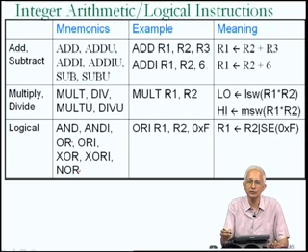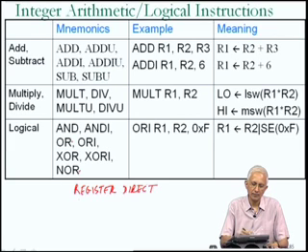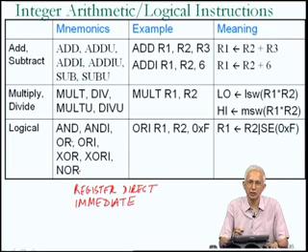The two addressing modes which are used by the MIPS1 instruction set for arithmetic and logical instructions are register direct and immediate. In the register direct addressing mode, the operand comes out of a general purpose register. In the immediate addressing mode, the operand is specified inside the instruction.